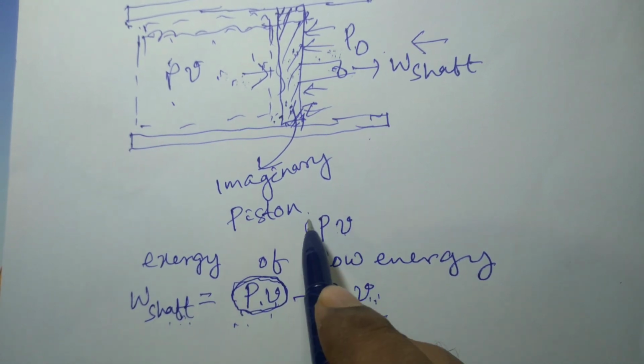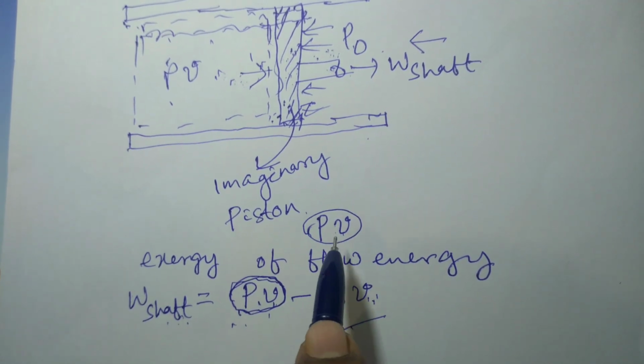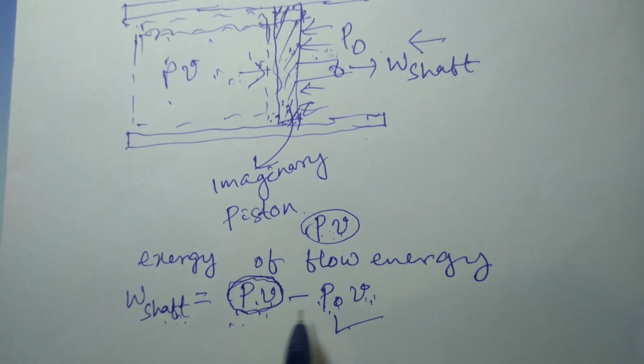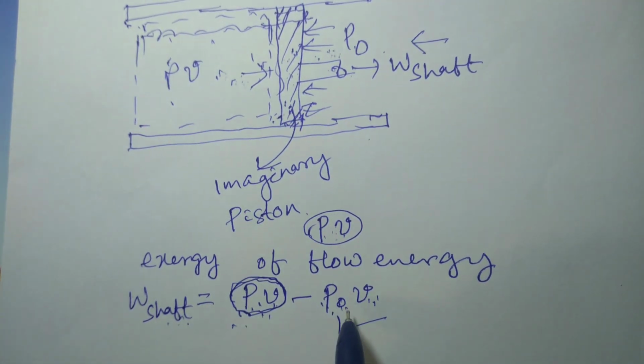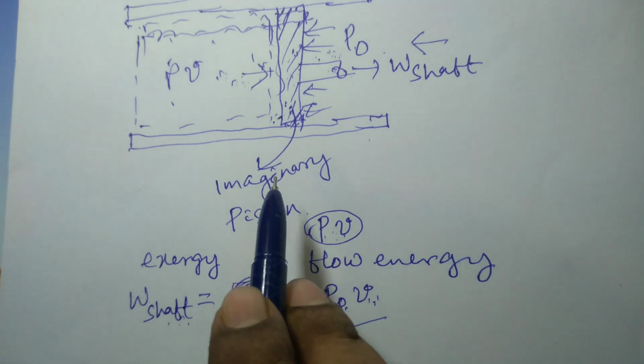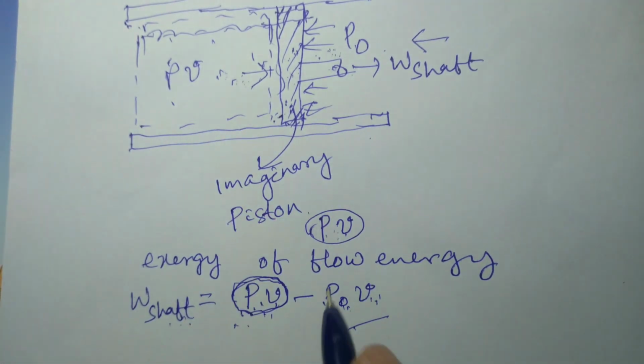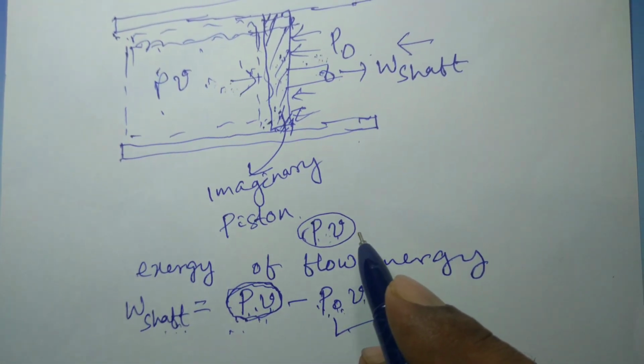Actually flow energy is P multiplied by v, but the exergy of this flow energy will be PV minus P0v, where P is the pressure exerted by the upstream fluid on the imaginary piston or downstream fluid, and P0 is the atmospheric pressure exerted on this downstream fluid, or you can say the imaginary piston.